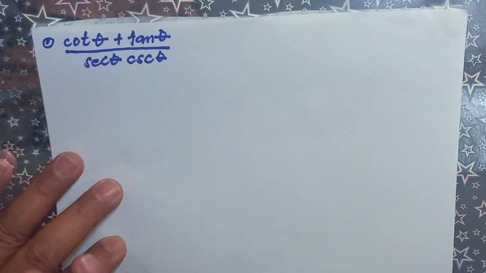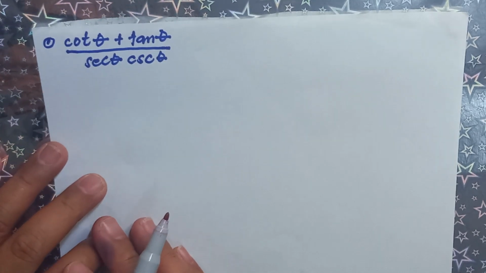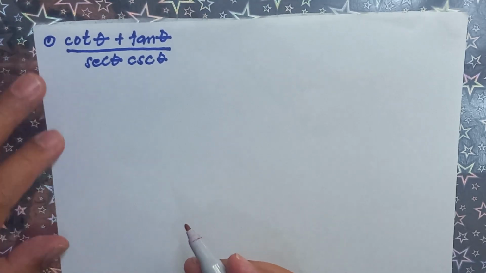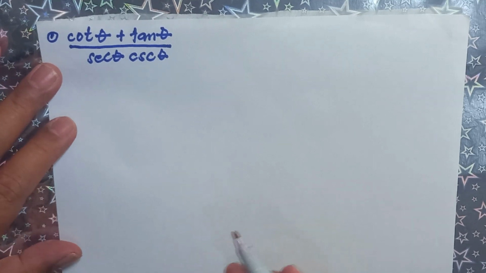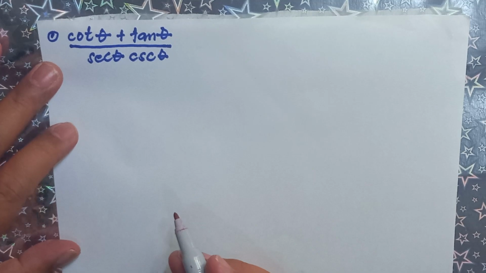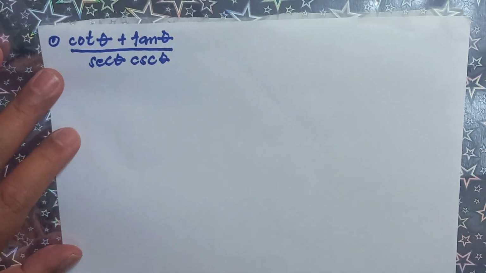Now, again, the technique is memorize the basic trigonometric identities, the reciprocal identities, the quotient identities, and the Pythagorean identities, because these are all very important things to use to simplify trigonometric expressions.